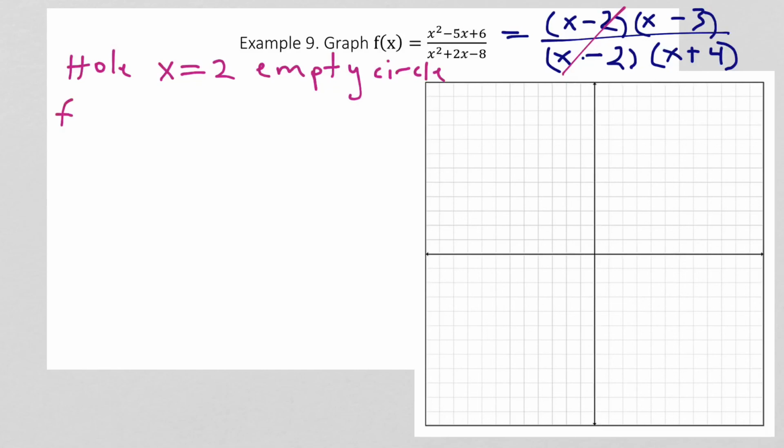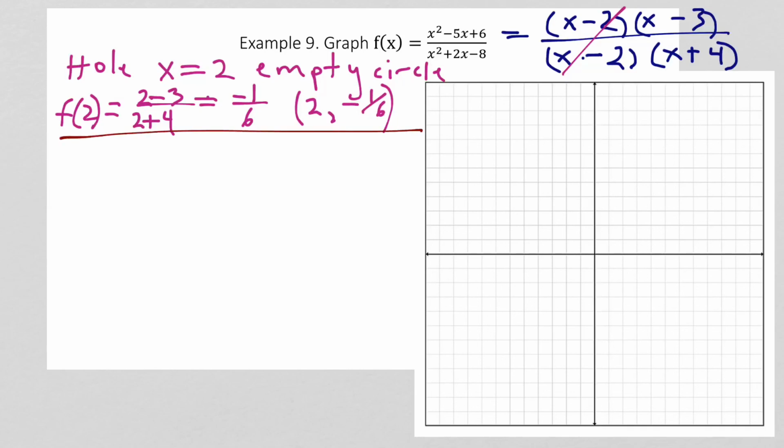So basically, we're going to find f of 2. So that's 2 minus 3 on the top, 2 plus 4 on the bottom, negative 1 over 6. Okay, so I've got the point where I'm going to have a hole: 2, negative 1/6. So it's a small negative number. All right, so there's that.